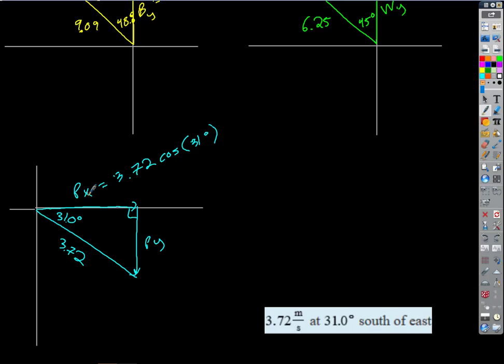So SOHCAHTOA tells us that cosine would be the appropriate relationship. Cosine of 31 degrees equals the ratio of adjacent, which is p sub x, over hypotenuse, which is 3.72.